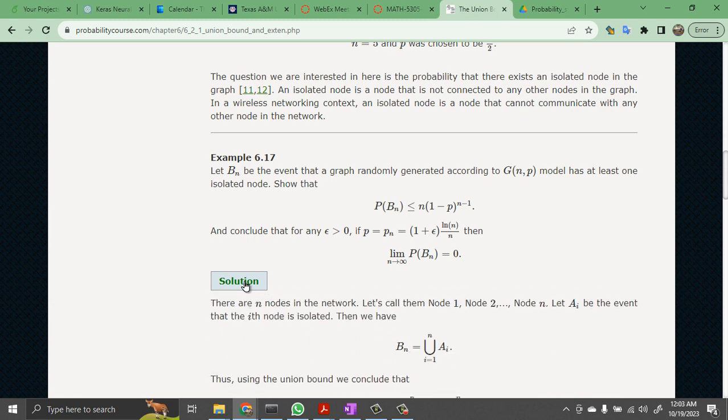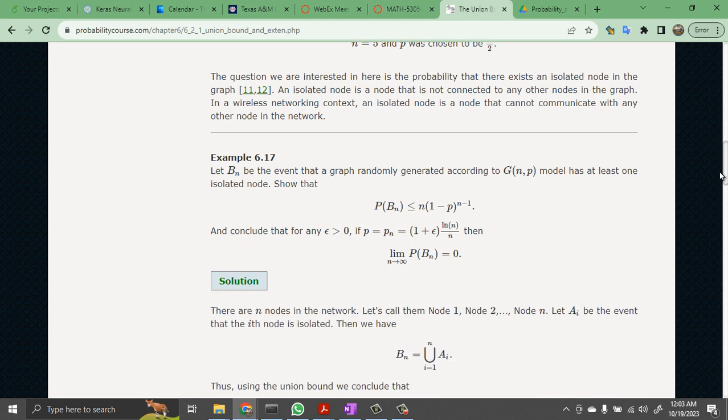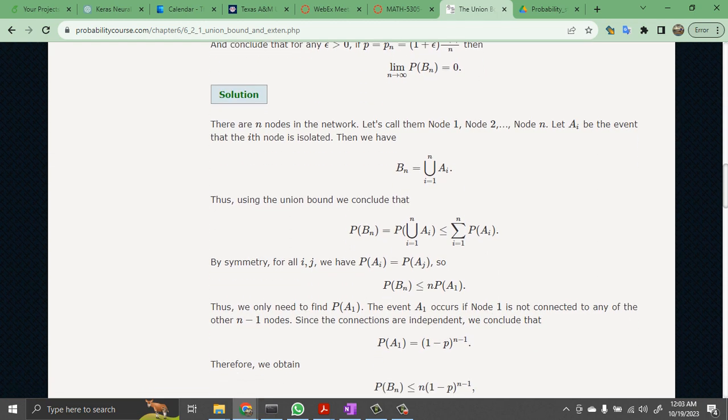Right? Whoops, so let's open this. Okay. He's simply generalizing the argument that I just gave. Right? So here he says Ai is the event that the ith node is isolated. Right? So there's going to be n events because there are n nodes. The probability that at least one is isolated will be the union of those events. Right? At least one means this or that or that or that, and that means the union of those.